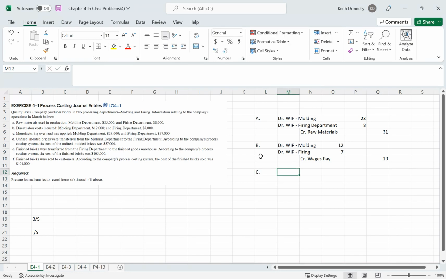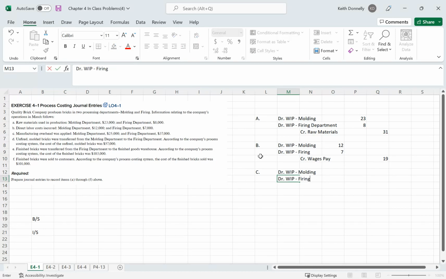So we looked at our direct materials, we looked at our direct labor. C is going to talk about manufacturing overhead. Specifically, they're saying that we applied manufacturing overhead in the molding department of 25,000 and in the firing department of 37,000. So similar setup here. Debit WIP for the molding department.